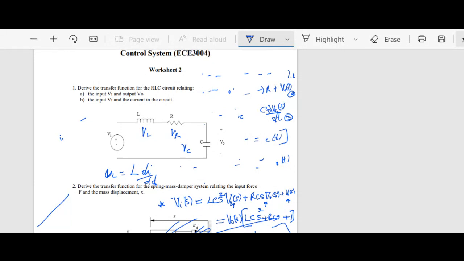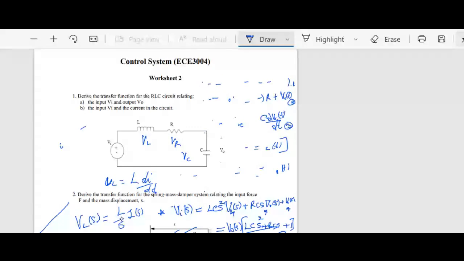If this is the relationship without considering that the initial conditions are 0, and we take the Laplace of this expression, we end up with VL of S equal to L over S I of S. Oh, my apologies, I made an error. Let me fix that.